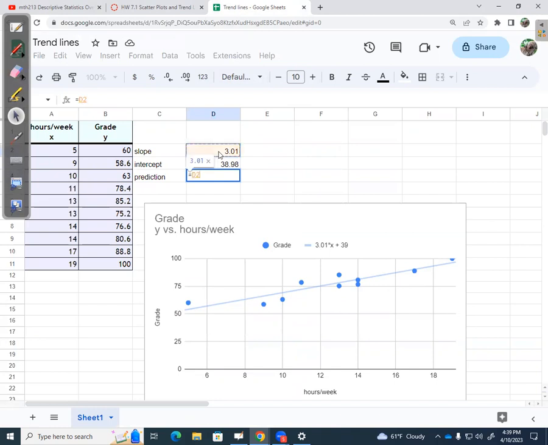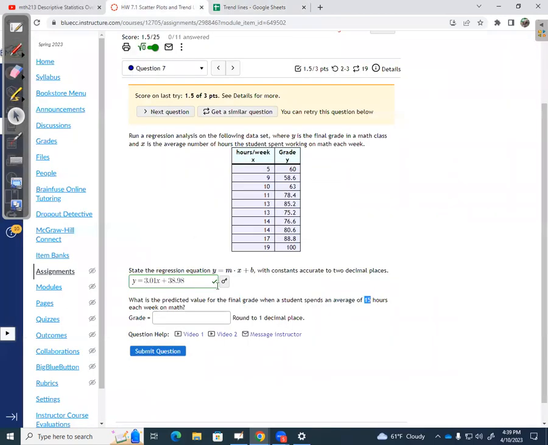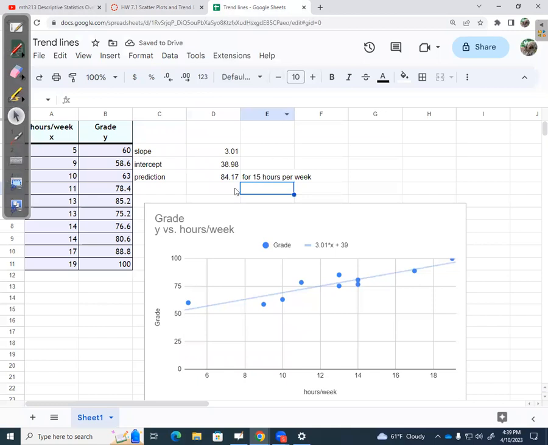So here's my m, my slope, times they gave me 15 hours plus my y-intercept. So according to the slope and intercept I have, I would predict that a student that spent 15 hours per week studying would get a grade of about 84. So here they wanted 1 decimal place. So that would be 84.2.